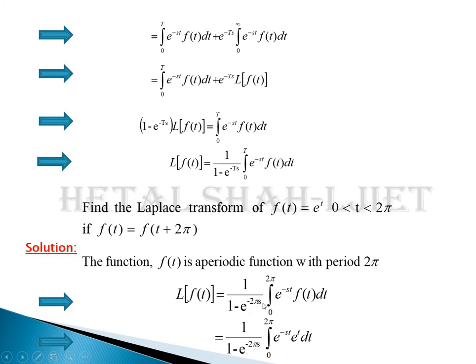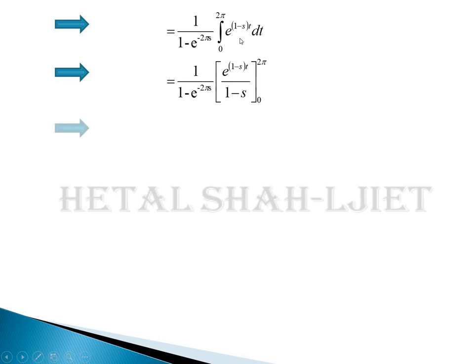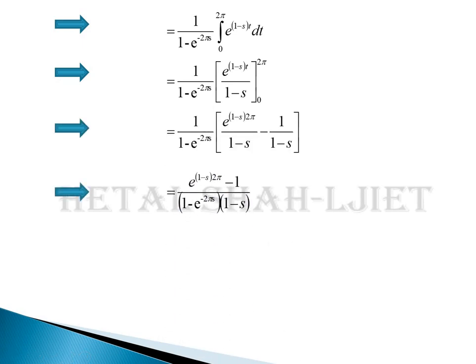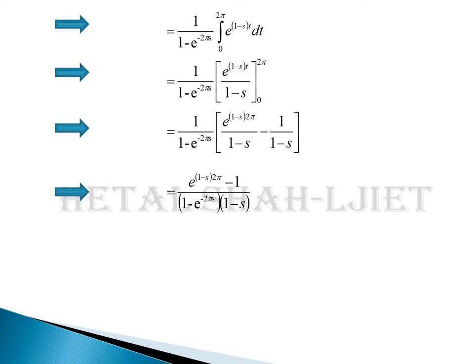So 1 minus e raised to minus 2 pi times the integral from 0 to 2 pi of e raised to minus st function of t dt. As your function of t is e raised to t, you have to put e raised to t. By adding the powers, we get e raised to (1 minus s) t, and by getting the integration, you have to apply the upper limit and lower limit, and by simplifying you get the final answer.